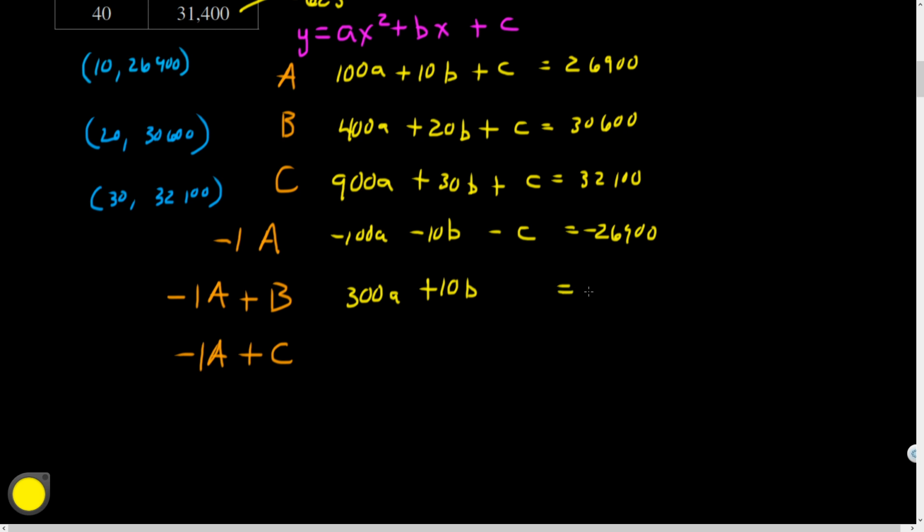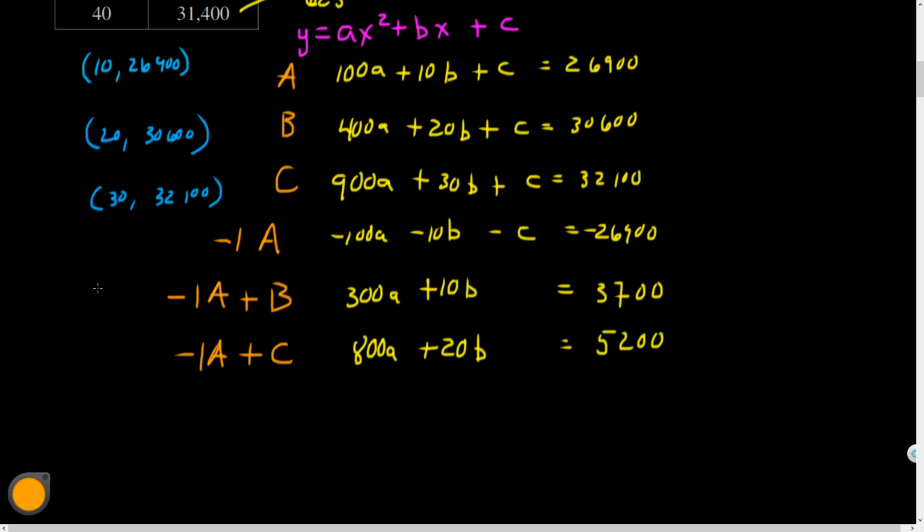The c's cancel out, and this side is 3,700. And I'm cheating without reaching for a calculator just to speed up the video. And then I'll combine negative 1a and the other equation. And so 900 minus 100 is 800a. 30 minus 10 is plus 20b equals, and if I combine those, I get 5,200.